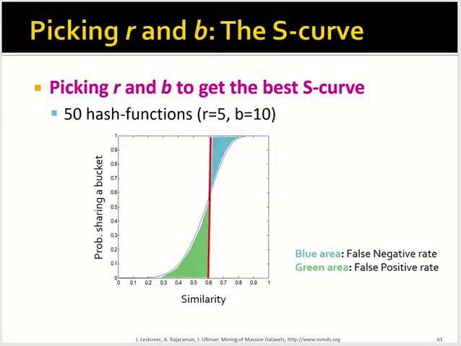Okay, so the next question is how we can pick the right and efficient R and B to shape a proper S curve. As we mentioned before, we have 50 hash functions.